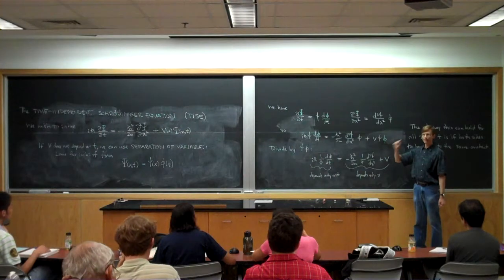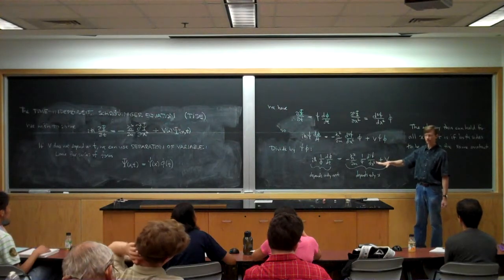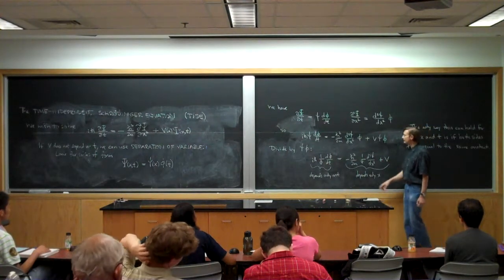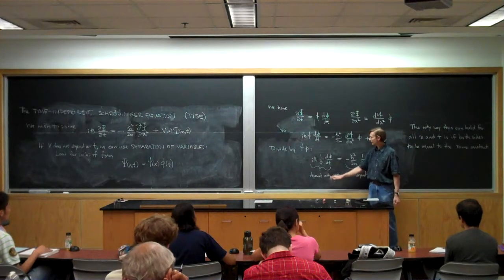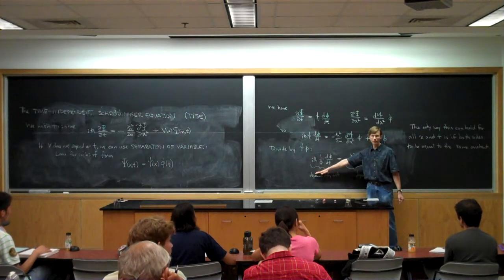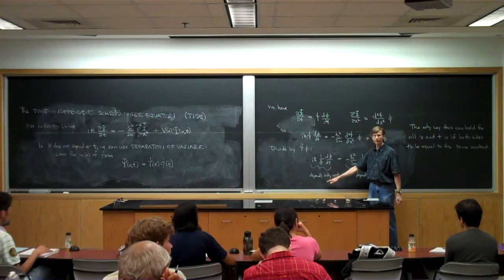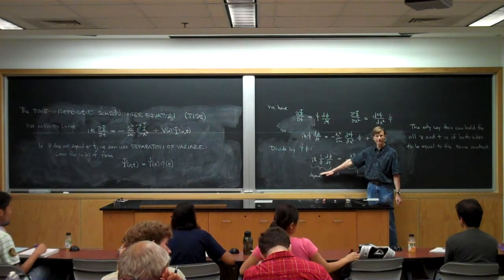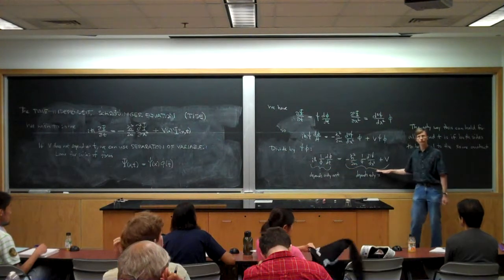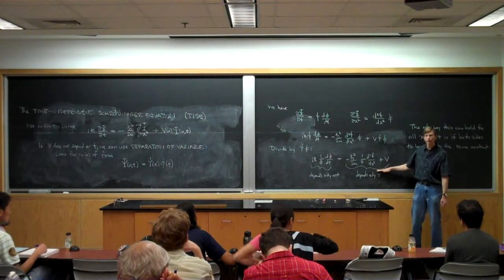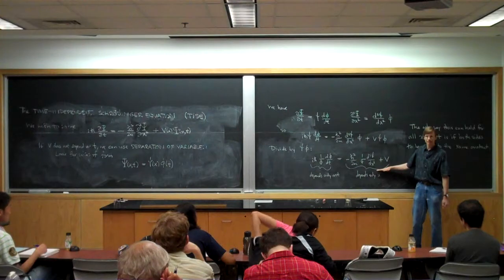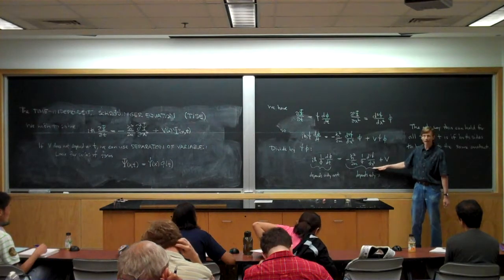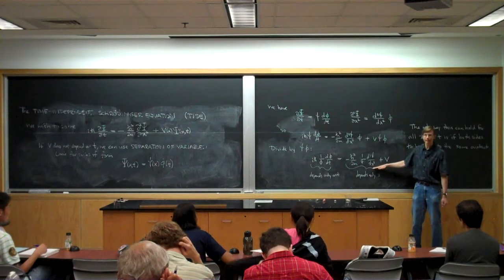If I hold t constant and I change x, would the left-hand side change? No, because it only depends on t. So as I vary x, the left-hand side has to stay constant, but these things are equal. So the right-hand side also has to stay constant, so the right-hand side can't change when I vary x either.